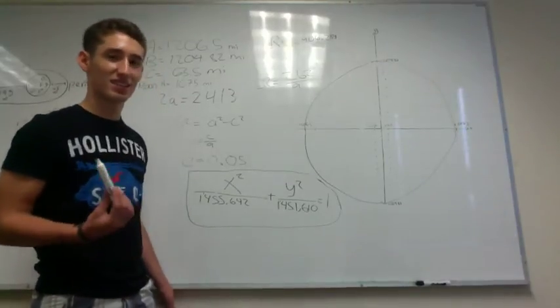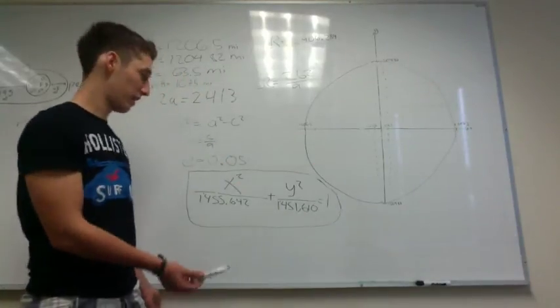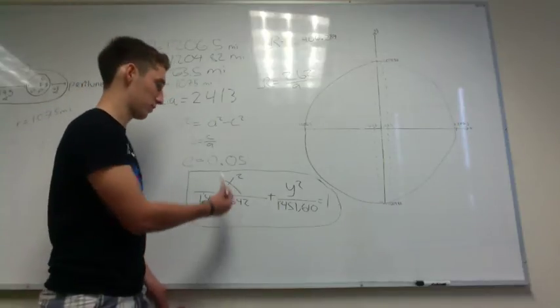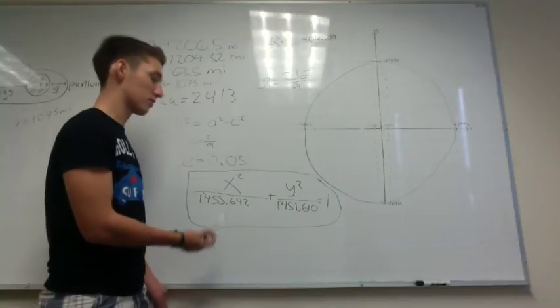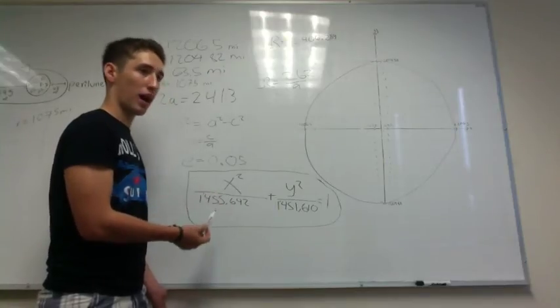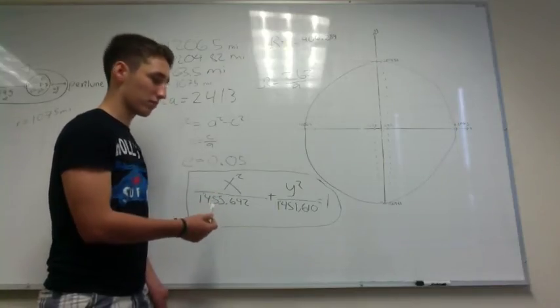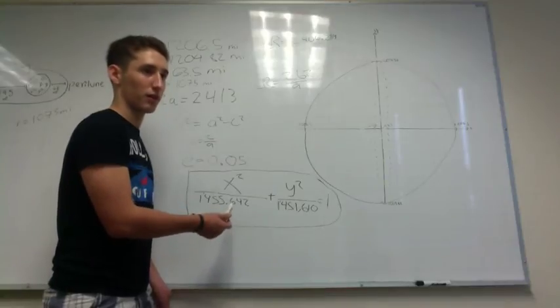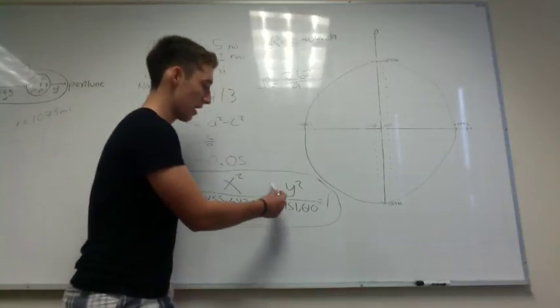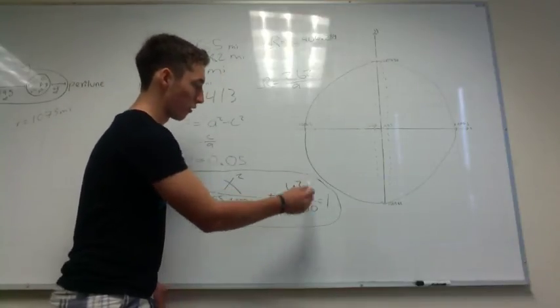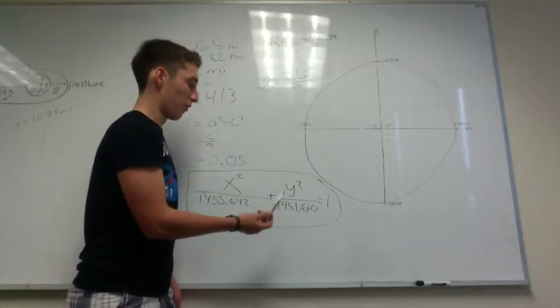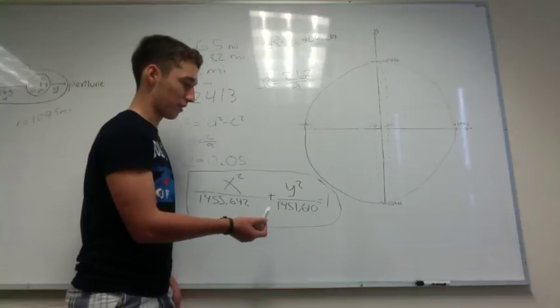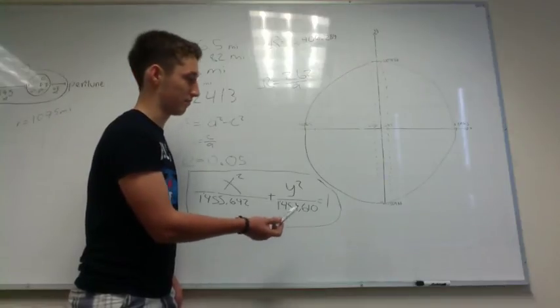So now we know the center of the ellipse, and we need to put the equation together. We just put x squared over a squared, that means 1,455,642, and you add y squared over b squared, that means 1,451,610.